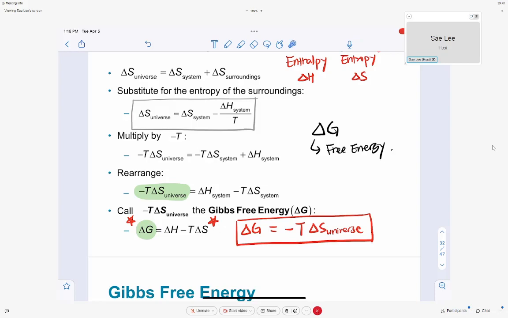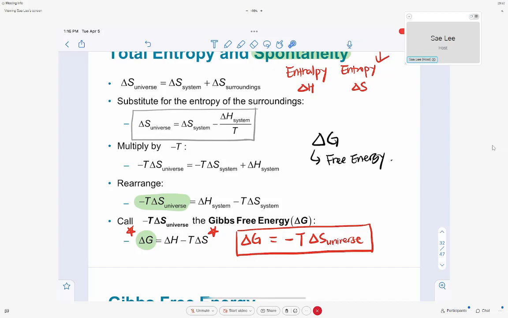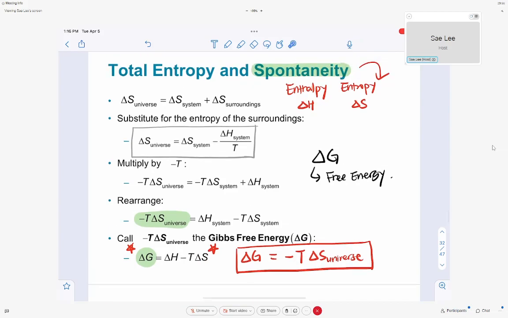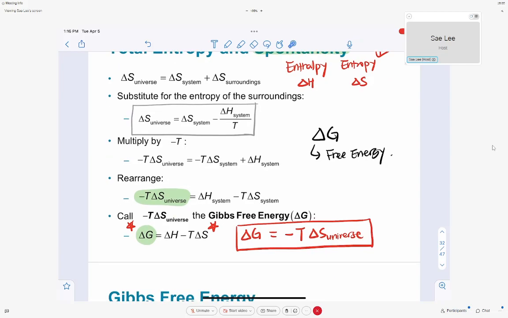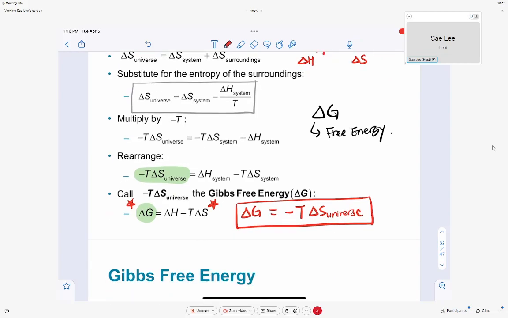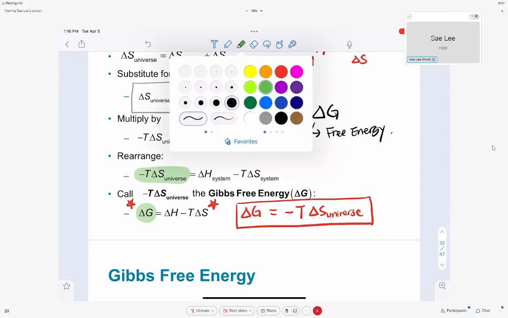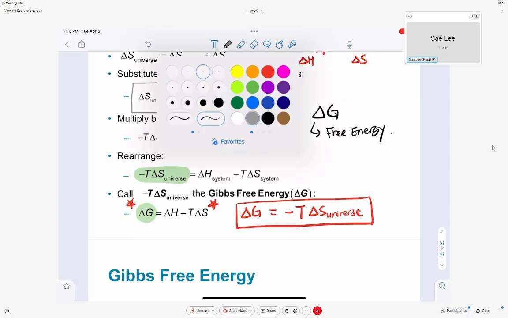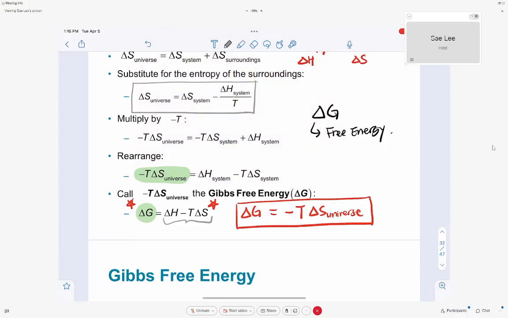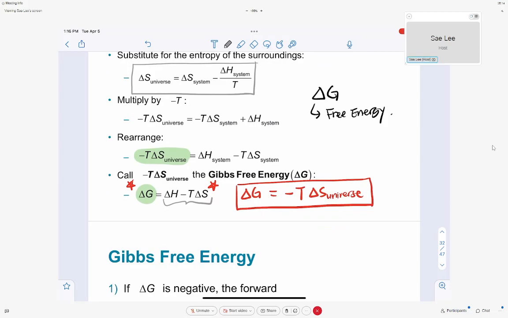So again, the Gibbs energy shows how enthalpy and entropy are involved in determining the spontaneity of the reaction. Note that the enthalpy and entropy that we're using in this equation are all about the system's enthalpy and entropy.